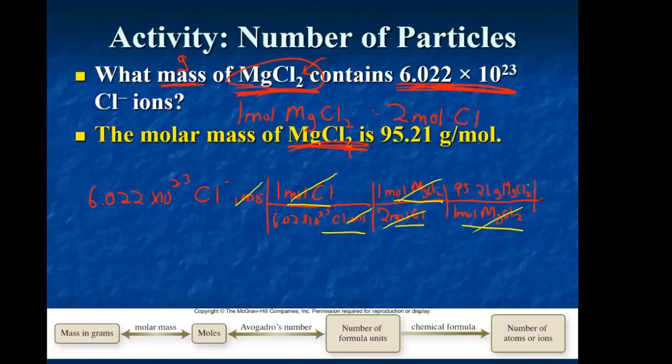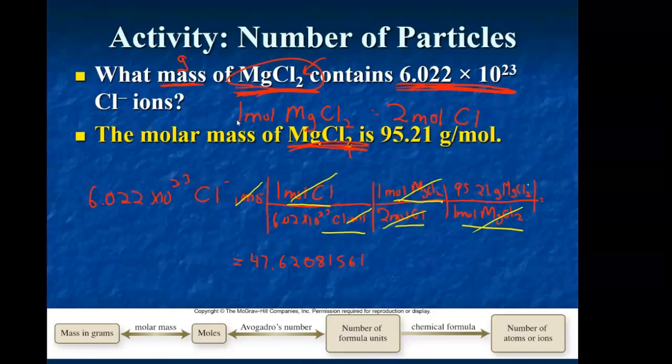So when you put it in your calculator, it's the entire top divided by the entire bottom. And you end up with 47.620811561.